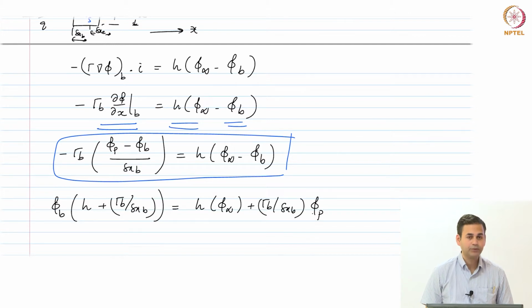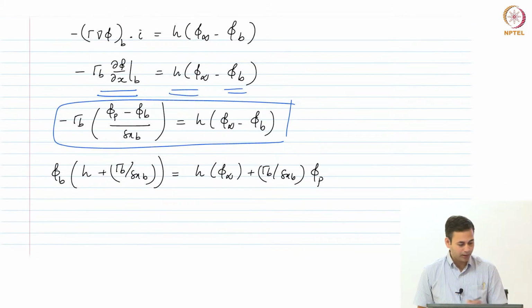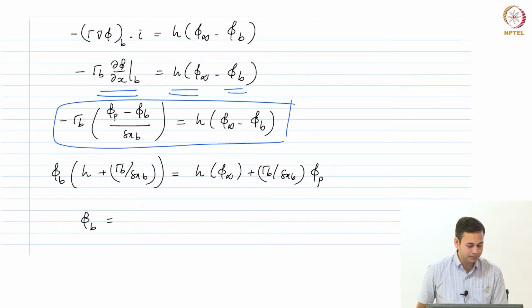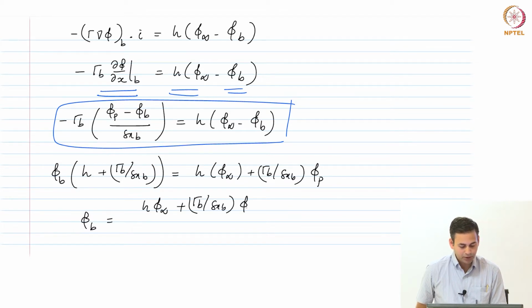Is that algebra correct? So essentially we got an expression for phi b: phi b is h times phi infinity plus gamma b upon delta x b times phi p, upon h plus gamma b by delta x b.